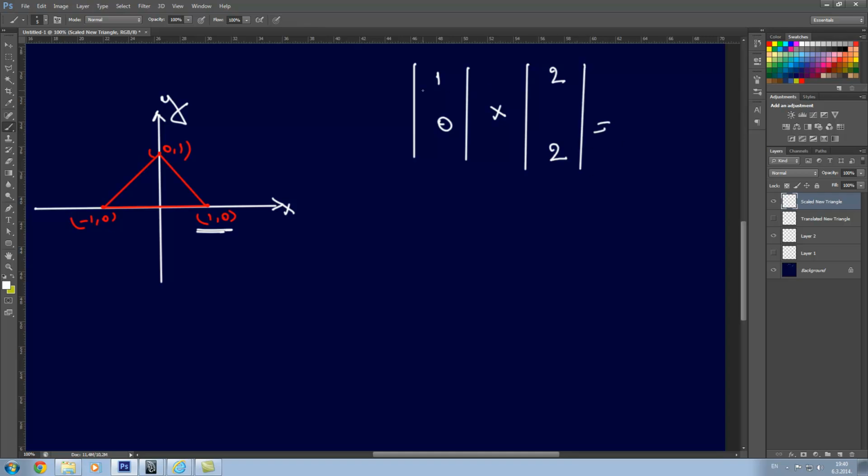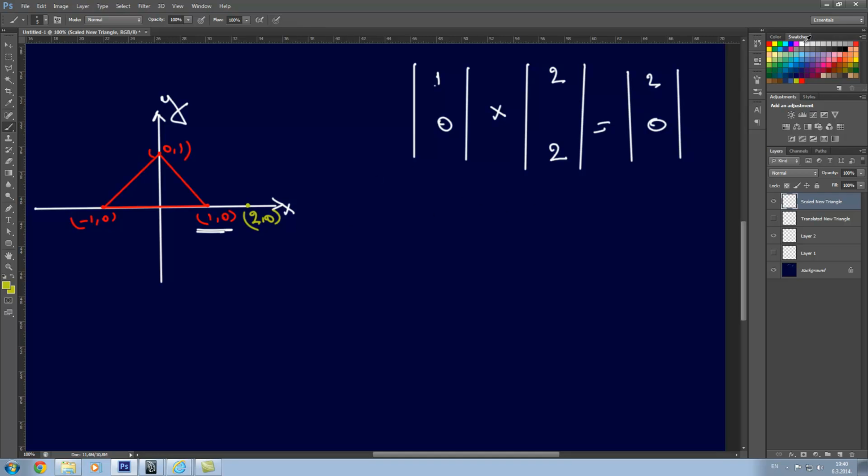So 1 times 2 is 2, 0 times 2 is 0. So I got a new point, which is at 2, 0, right here.